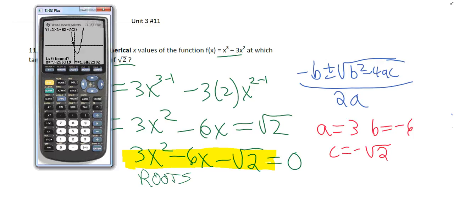That means I'm to the left of the root that I'm trying to identify, and I'm just above the line, so I'm to the left. I think I hit enter too fast. Let's try that again. Second calculate and 0. So the left boundary, having trouble with this calculator.